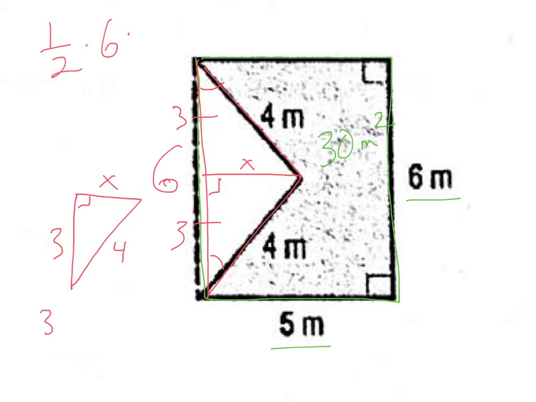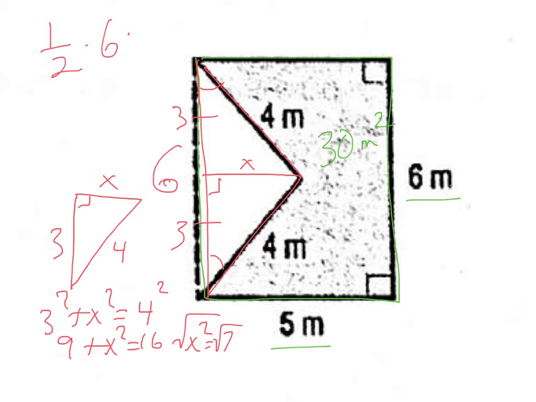Pythagorean theorem says square the legs, set it equal to the hypotenuse squared. So 9 plus x squared equals 16. X squared equals 7. Take the square root of that, and we find that x equals 2.7.